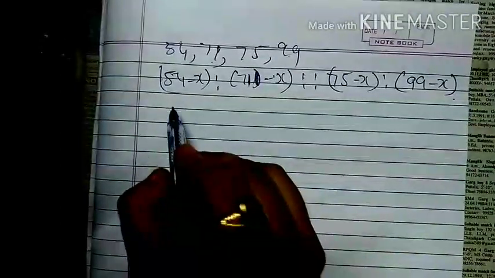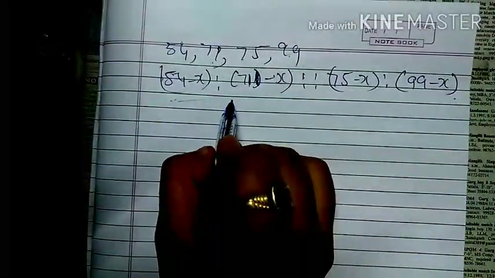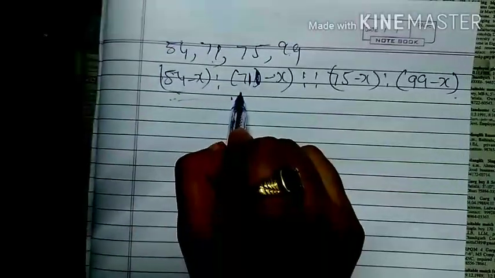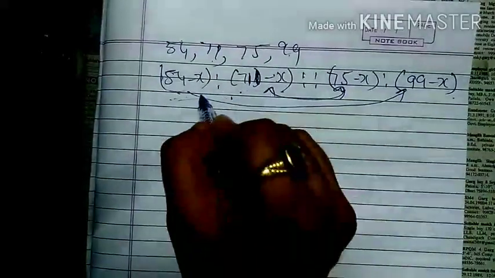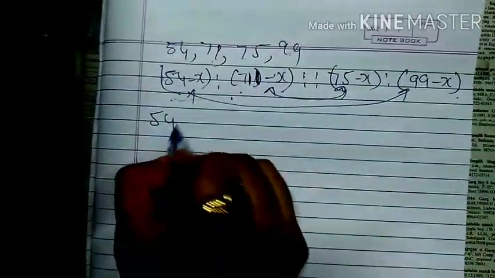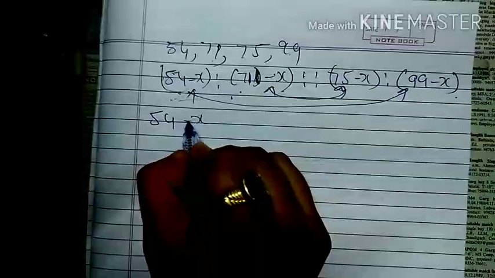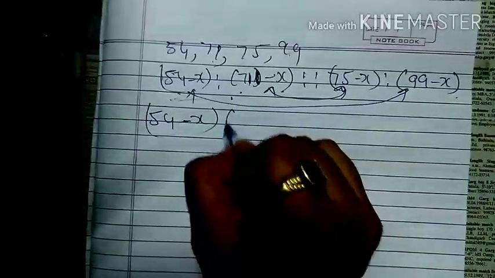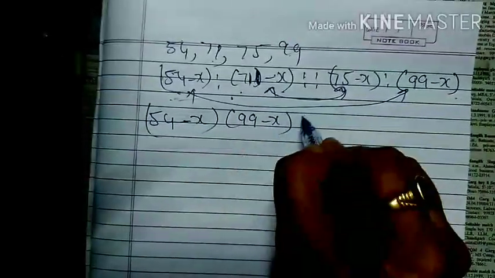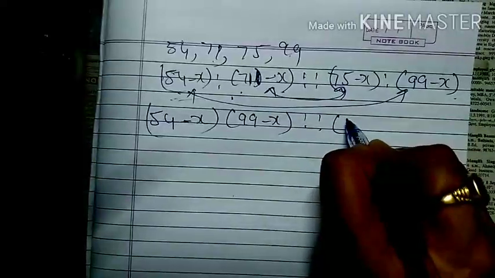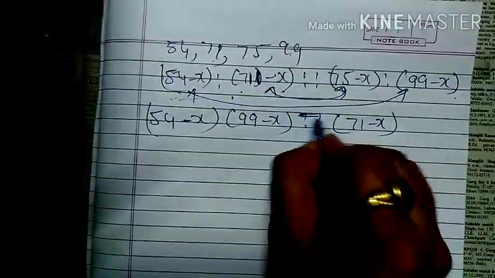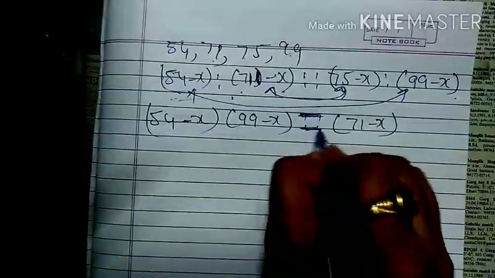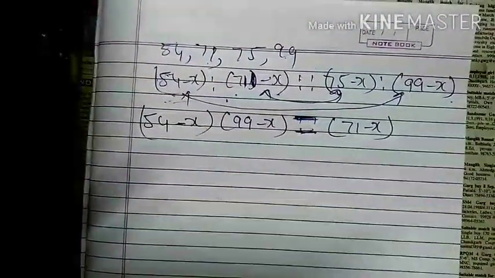Now either I write in fraction form or I can directly use product of means is equal to product of extremes. 54 minus x multiplied by 99 minus x proportion to 71 minus x and 75 minus x. This proportion sign changes to equal when I go with the product of extremes and product of means.